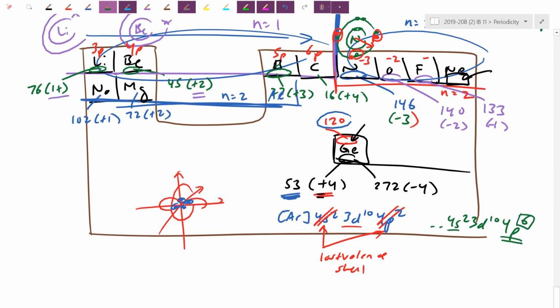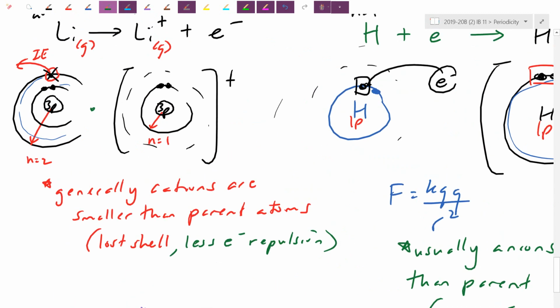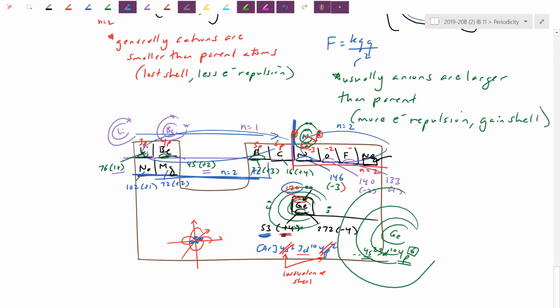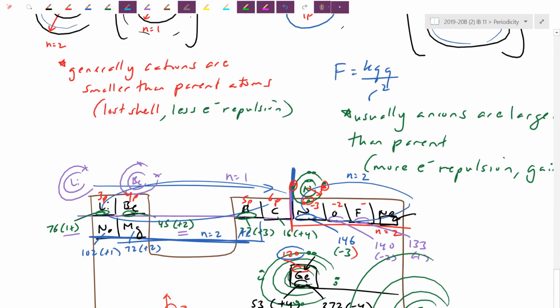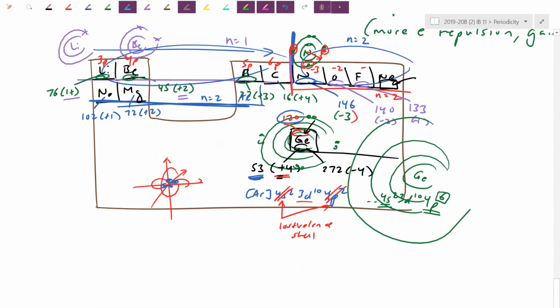I still have the valence electrons, so I should still be roughly 4 shells out, but having those extra 4 electrons squeezed in, which germanium doesn't really like, added repulsion pushes out those same 4 shells, so germanium as a negative ion is going to be much larger. Again, these numbers, you can just look up in the data booklet. You don't need to memorize them, but that's how you deal with ionic radius.